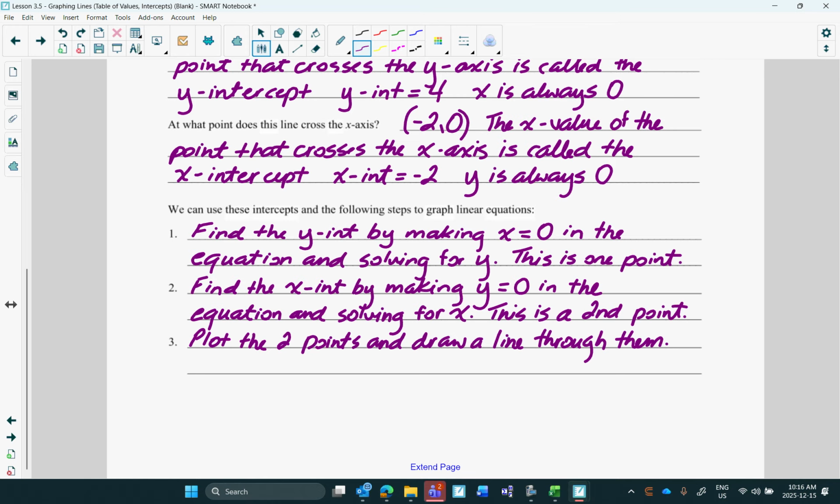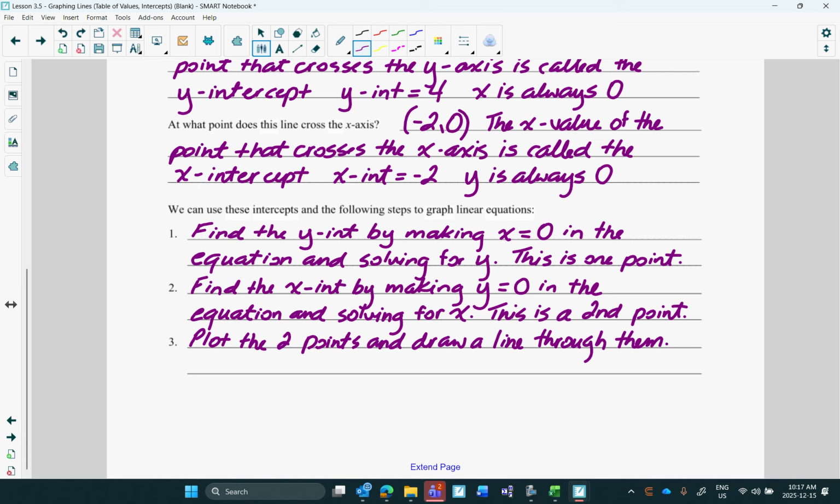So see if you can find the x-intercept. Okay, so to find the y-intercept, make x 0. So that just disappears. Ignore the x because it's become 0.